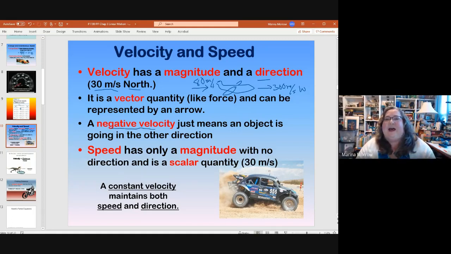So the total velocity of the plane is going to be 380 meters per second. So they add up like vectors, like forces.